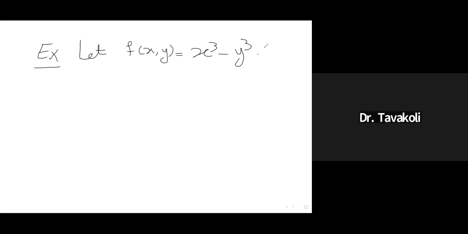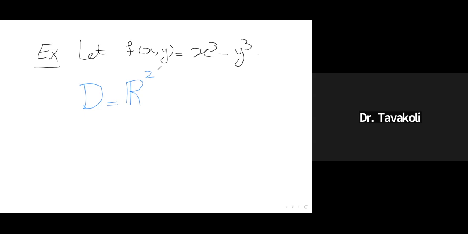So all the points in the plane, all the x's and all the y's, can be the domain of this function. In this situation, D, in fact, is the entire plane, which we show by R2. As you know, R is just the real line.